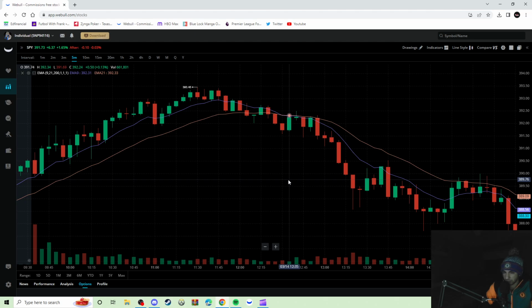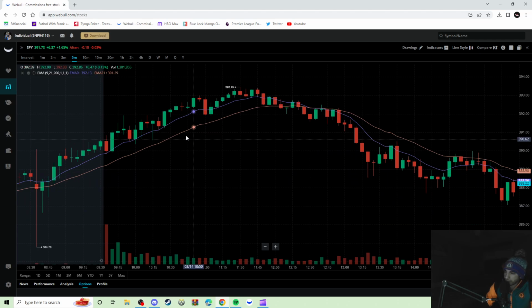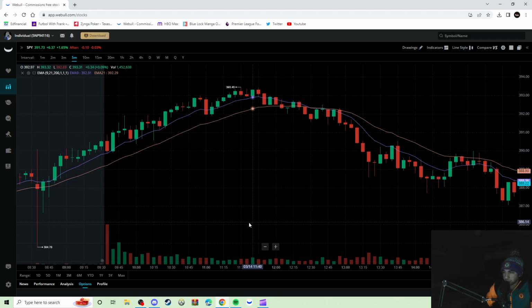I work a normal 9 to 5 job. So during this time, I was on my lunch break, and I had time to really look at the charts and try to plan a trade out if a pattern presented itself to me. In this case, it did. Like I said, I usually trade off this 5-minute 9/21 EMA chart. That's usually what I look for.